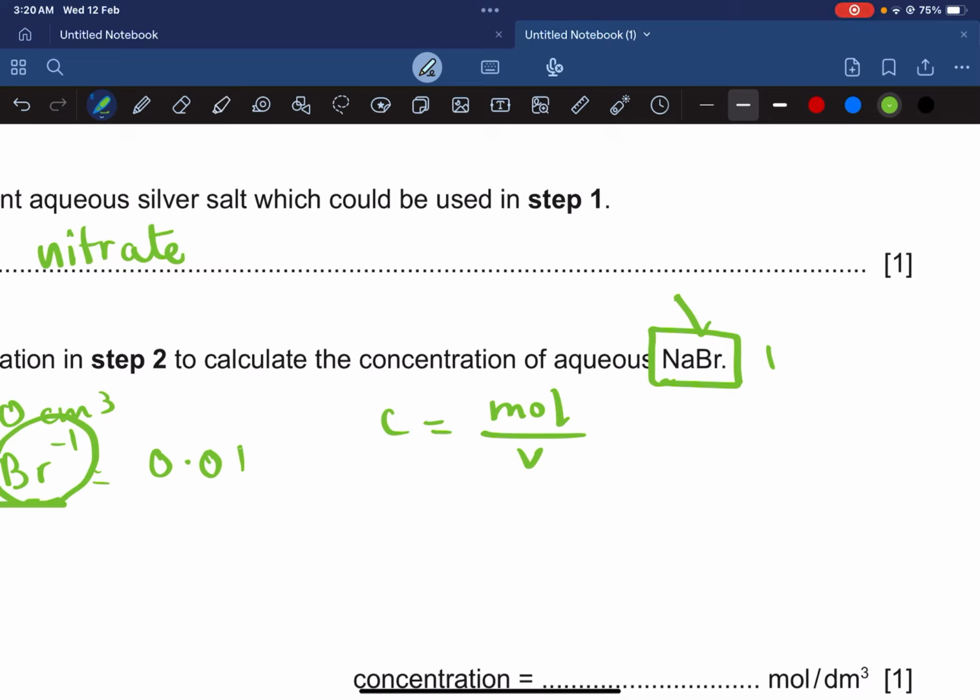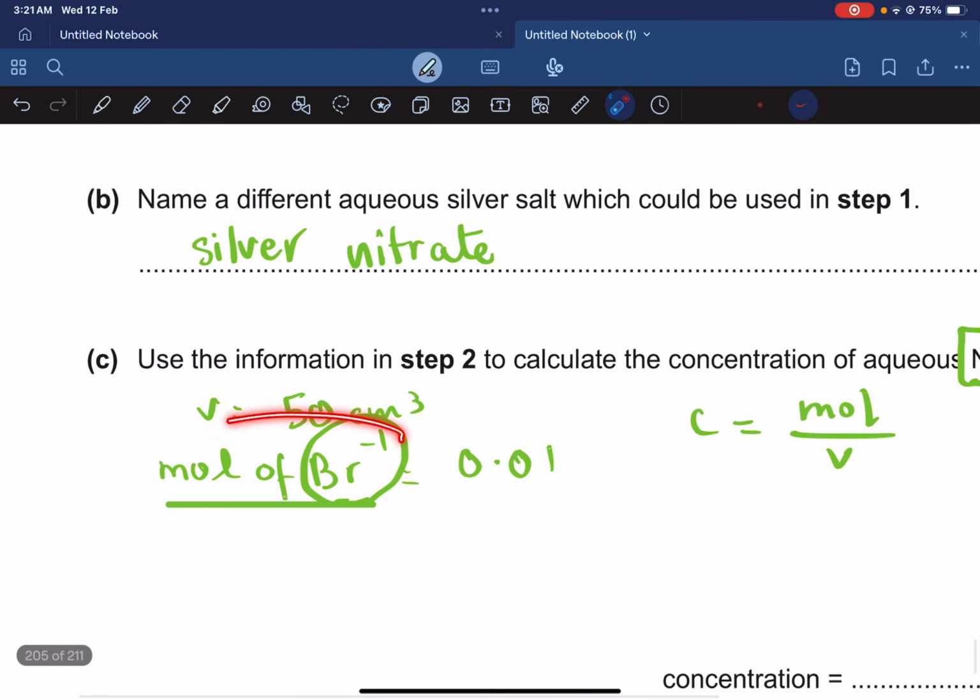If for instance I write a 1 over here, that means I have 1 mole of sodium and 1 mole of Br. In 1 mole of NaBr we have 1 mole of sodium and 1 mole of Br. So 1 mole of Br means that we have 1 mole of NaBr. That's going to be the same value. So it's going to be 0.01 over 50 divided by 1000. Why?